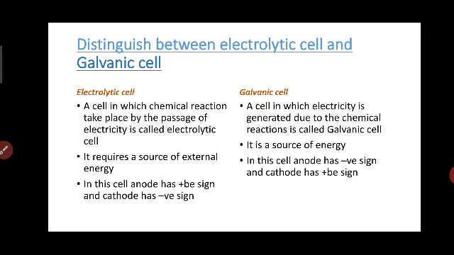Look here at how we construct the electrolytic cell and how we construct the galvanic cell. For the electrolytic cell, we take only one container, pour in one electrolytic solution and dip two rods into that one solution. The two rods are connected to an external agency, which is called a battery.